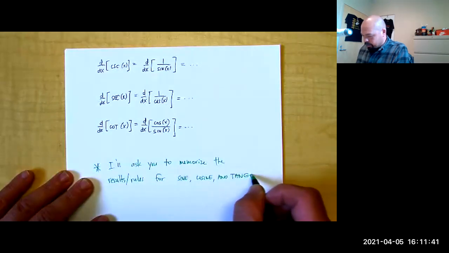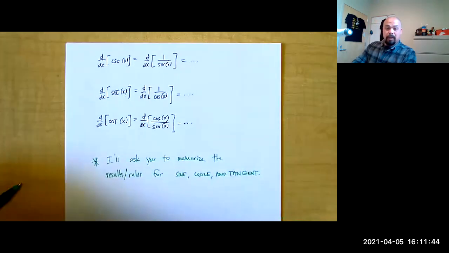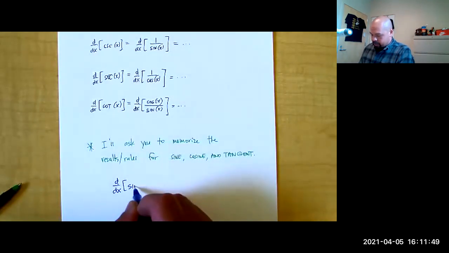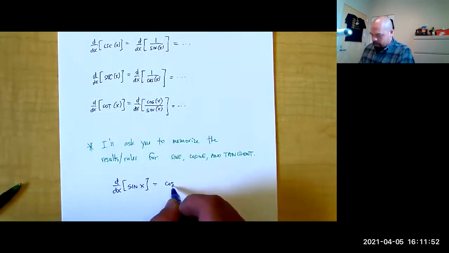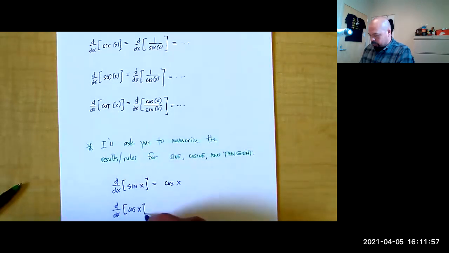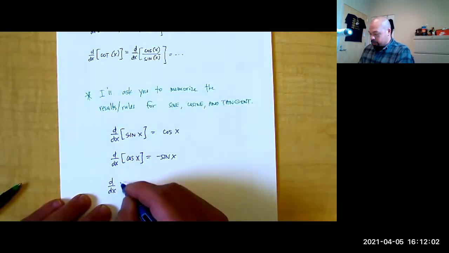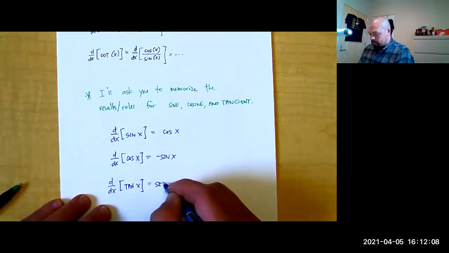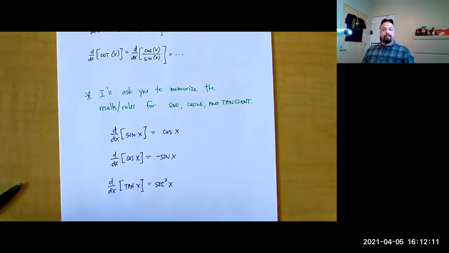The others we can recreate, but the ones that I want to ask you to memorize, right, that the derivative of sine is equal to the cosine, the derivative of cosine is equal to negative sine, and the derivative of tangent, which we just finished, is equal to that secant squared. Okay, those are three that I definitely want you to know, because those get used over and over.